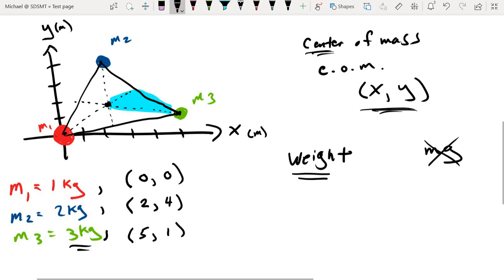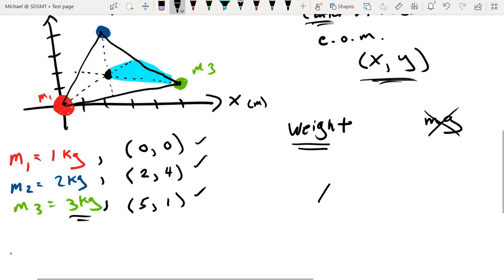And to find that location, what I would do is I would just average together the x and y positions of all of those masses, and I would get that center point in the triangle.